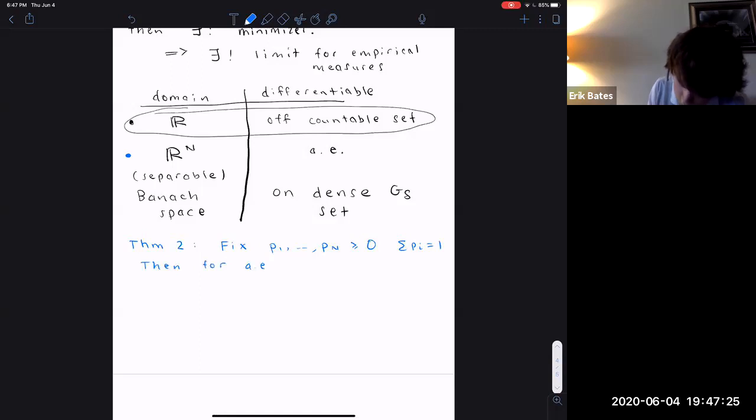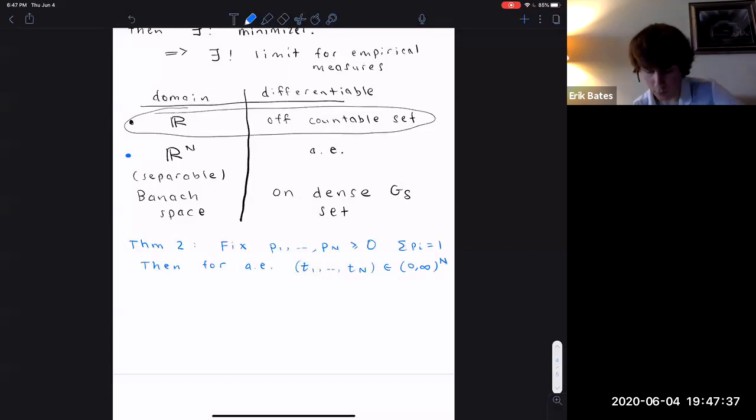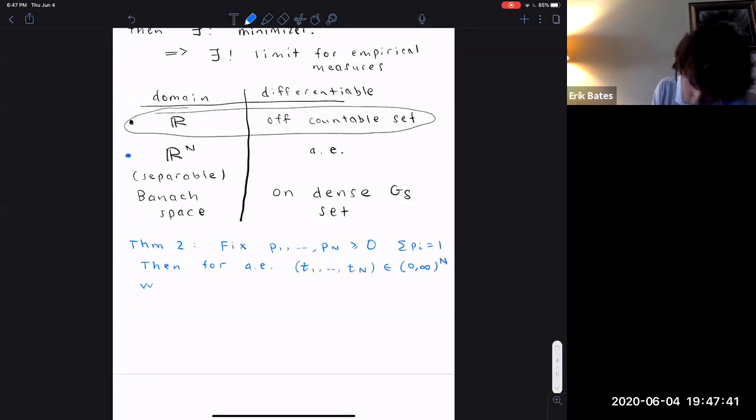For almost every vector T1 to Tn in Rn, where all the coordinates are positive, we have a positive answer for the empirical measure question.